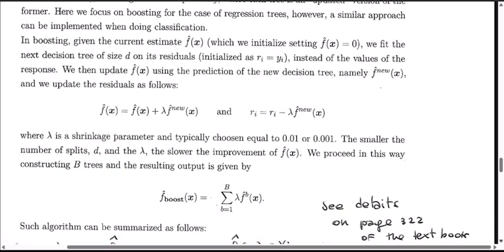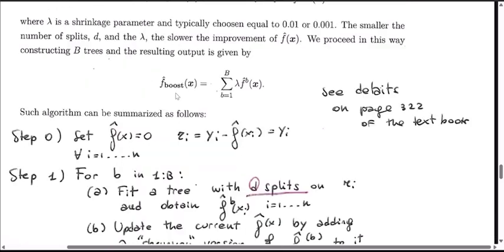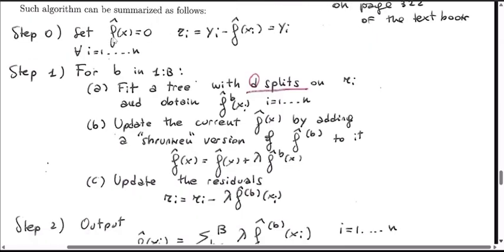So when we continue, our boosted model at the end of the day is actually going to be the sum. You can see we're summing from b equals 1 to B of lambda times that particular function, okay? So this is the algorithm that I explained here. Step 0 is set f hat to 0, and find the residual.